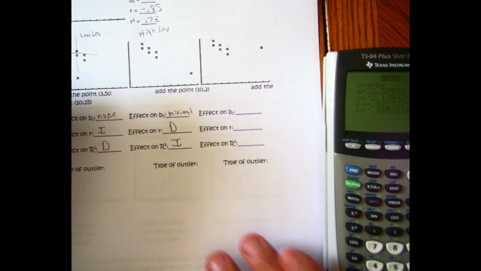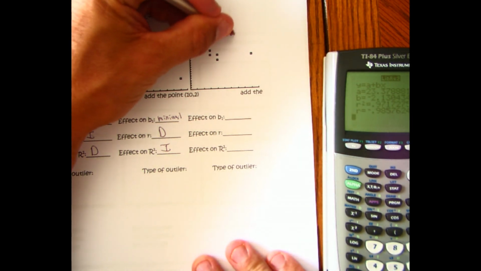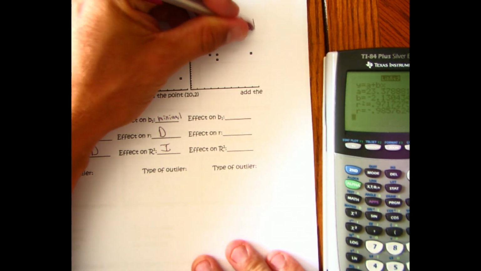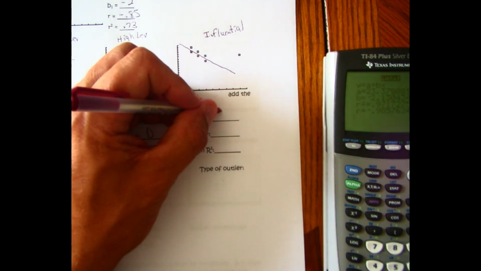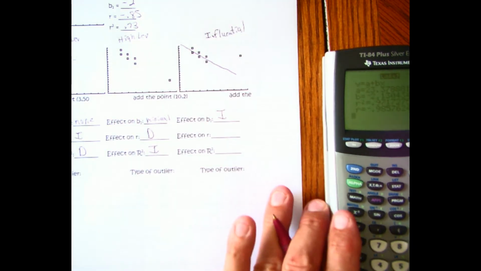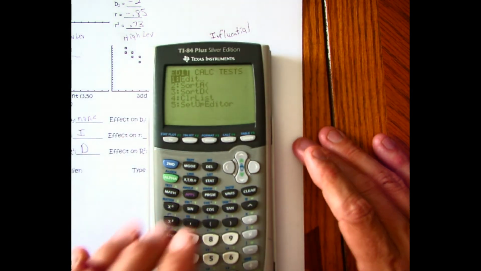And the last one we've got is an influential point. And we know that the original line went like this, and that's going to shift the line up. So I can tell you right now the slope is going to increase, but let's add it in. It's the point 10,15.